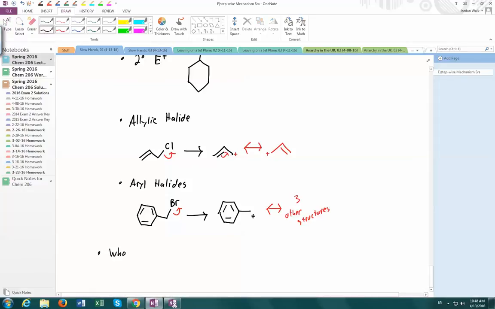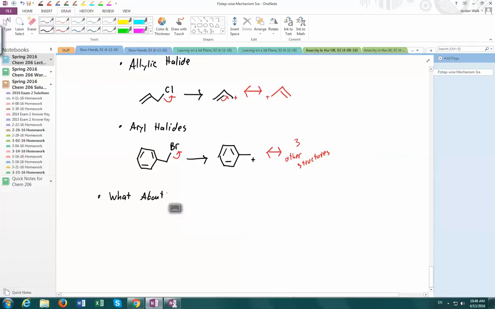Let's ask, what about something that looks like this? What do you think, SN1 or SN2? Is it an sp3 carbon? Is that a requirement to do substitution? It is.